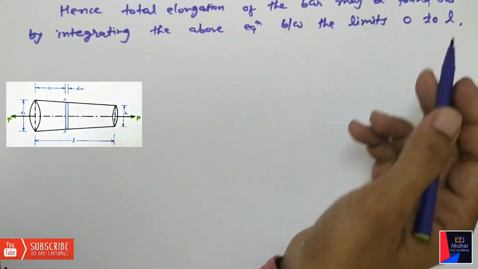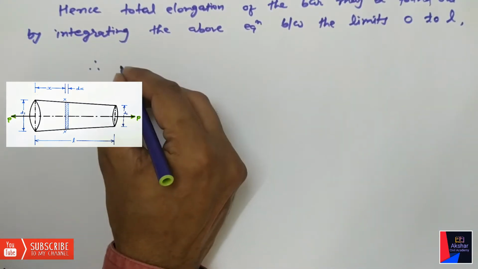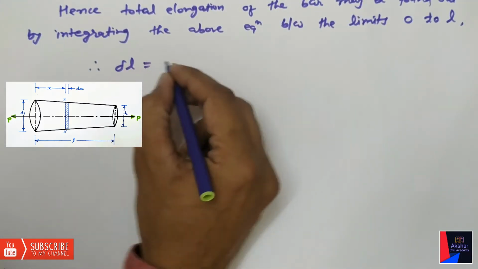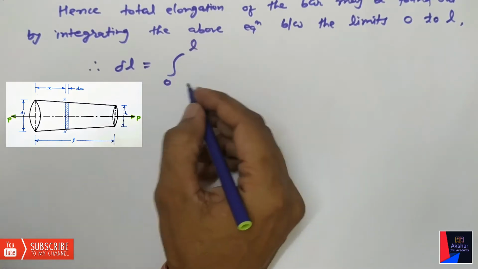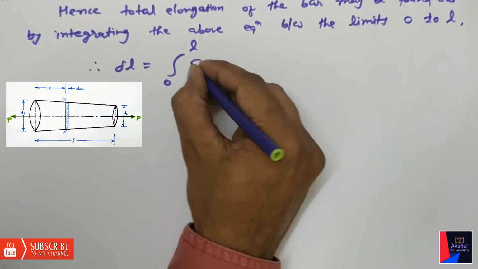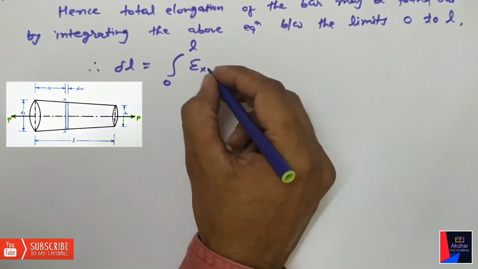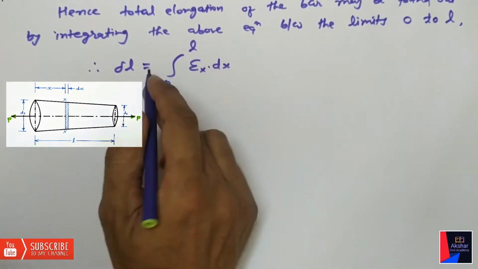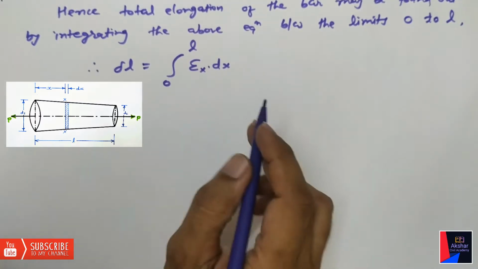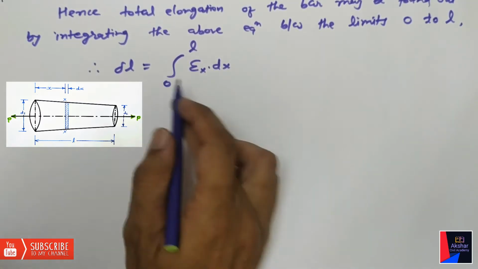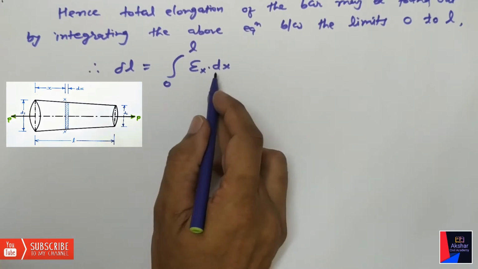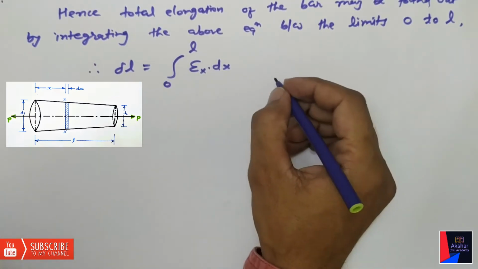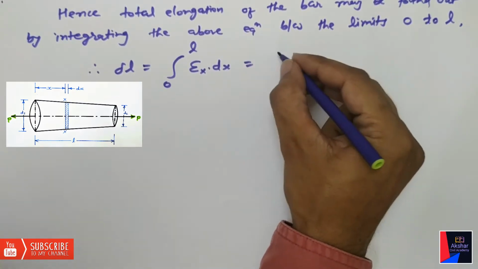Hence we can get the total elongation of the bar. So del L will be equal to the integral from 0 to L of epsilon x dx.